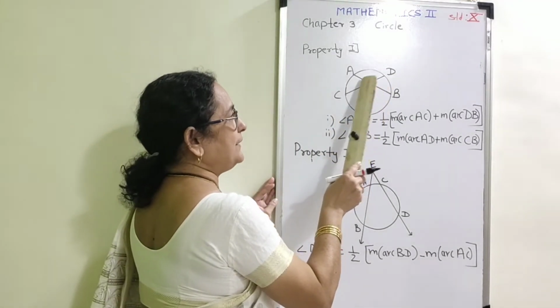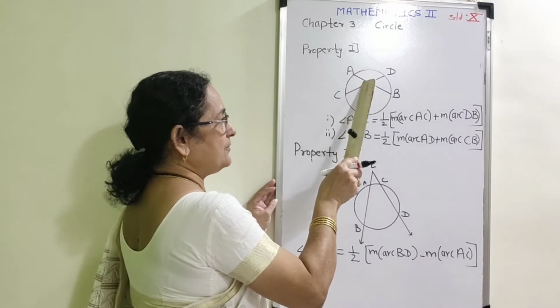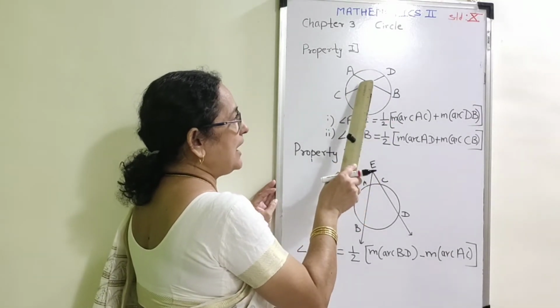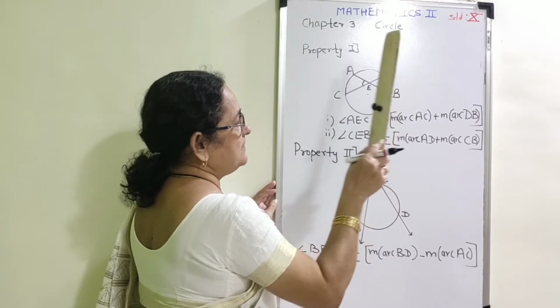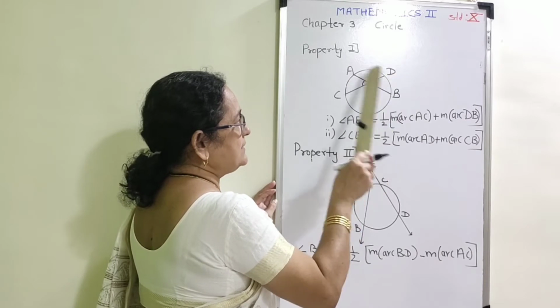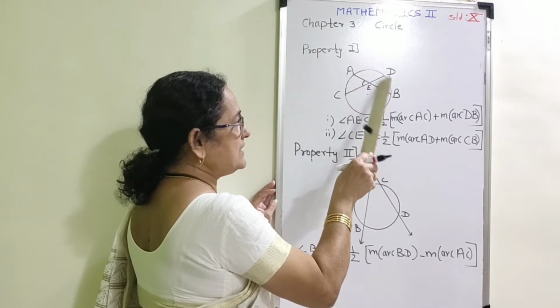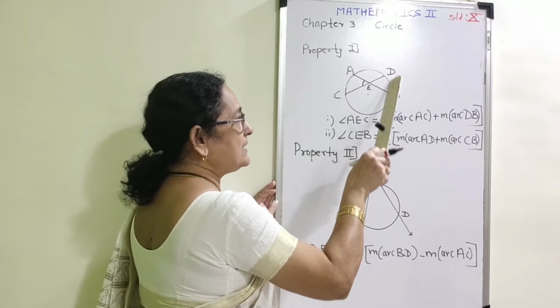Suppose we want to find out the measure of these angles. Then what is the formula? Measure of this angle is equal to half of arc AC plus arc DB. That means observe the measures of two arcs intercepted by those two angles, here arc AC and arc DB.